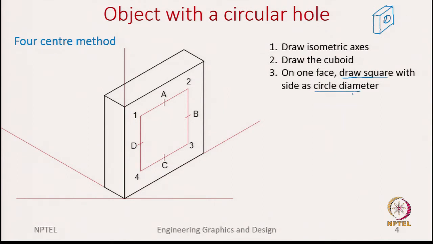Let us say d is the circular diameter, then this length 1 2 is the diameter. So, I have first located the center of this face, and using that center I have now constructed a square. Of course, a square is depicted as this parallelogram in the isometric view.